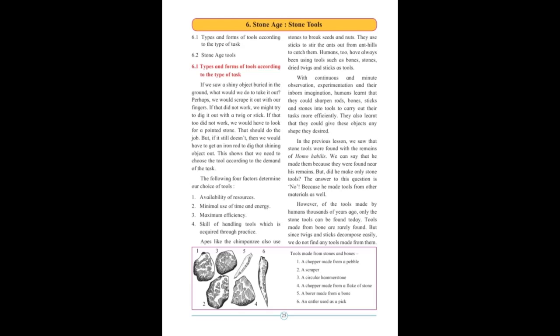Now the following 4 factors tell us about our choice of tools. Okay, how we need to choose the tools. The first point is availability of resources. Means what all things are available with us. Second point is minimal use of time and energy. Means we need to choose such tools which will use minimum time and energy.